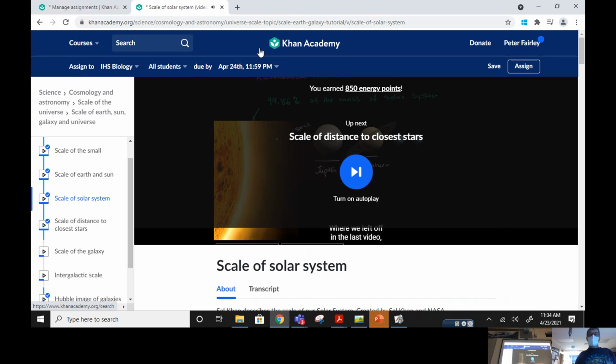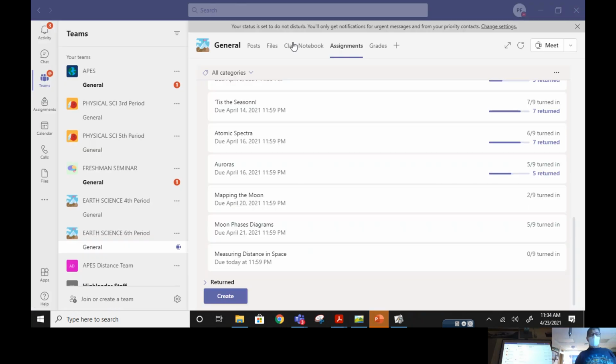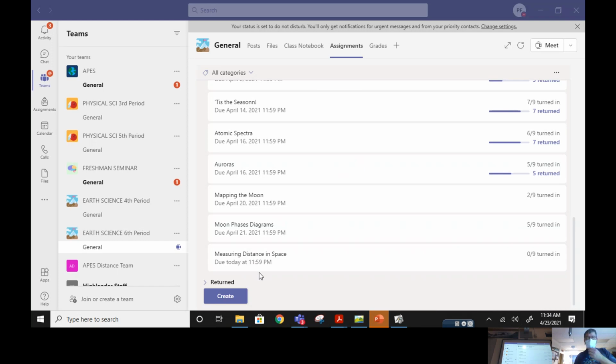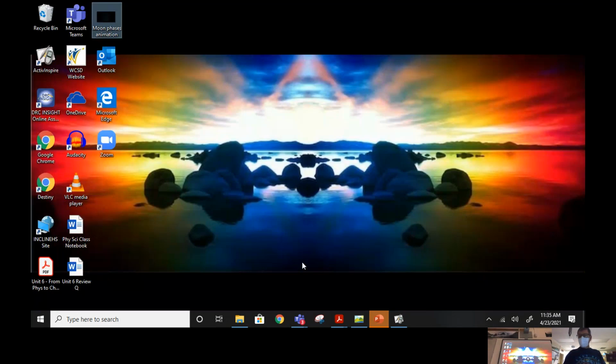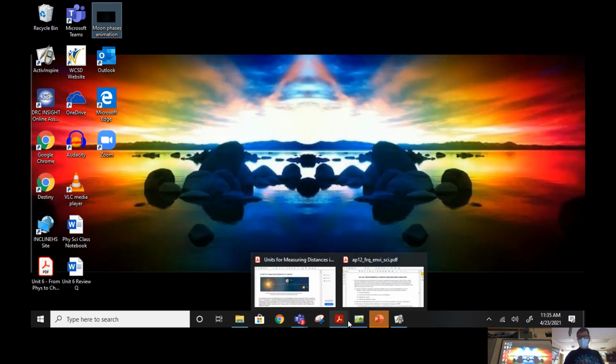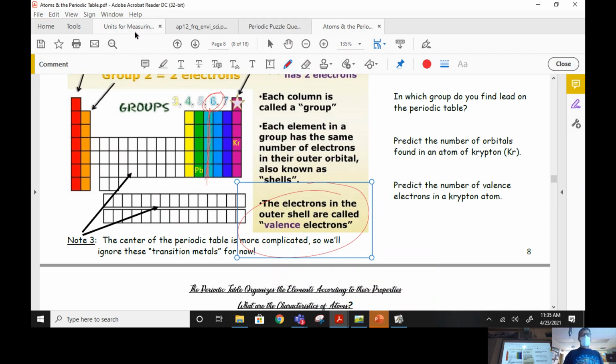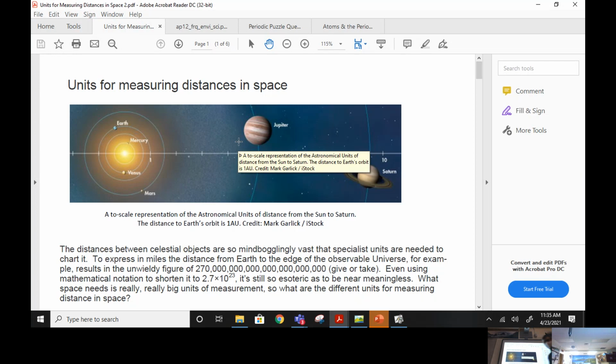Where we left off in the last video, I think we were getting a reasonably good appreciation. So download this assignment if you haven't already, measuring distance in space.